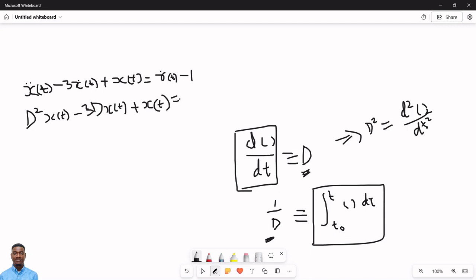But r here has been differentiated once, so that will be d r of t minus 1. So what I've done here is to rewrite this equation using the operator notation, replacing where I have my differentiations with the d operator. If it's an integration problem, I'll be replacing where I have my integration with the 1 over d operator.